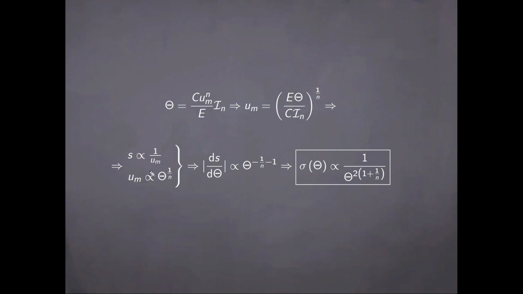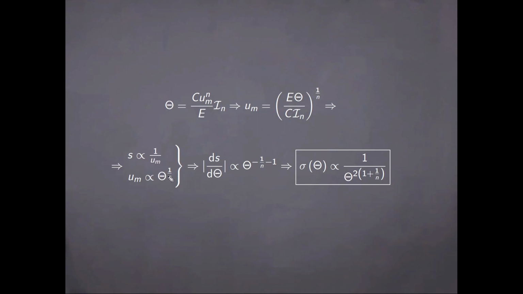And at this point, we have found two important results. First, that in this approximation, the impact parameter is proportional to the periapsis. And secondly, that the inverse of the periapsis is proportional to the scattering angle at the power 1 over n, where n is the coefficient entering the power law of the potential.